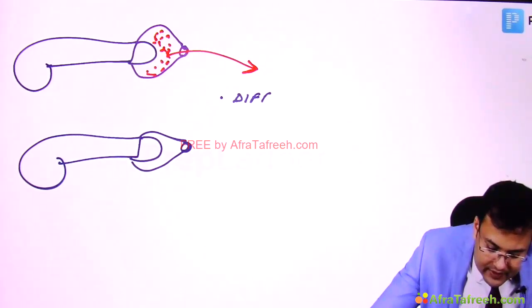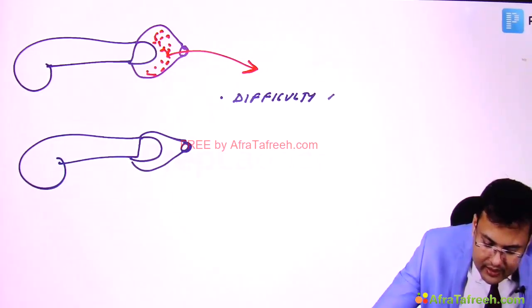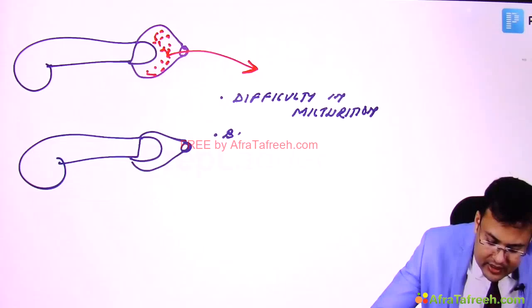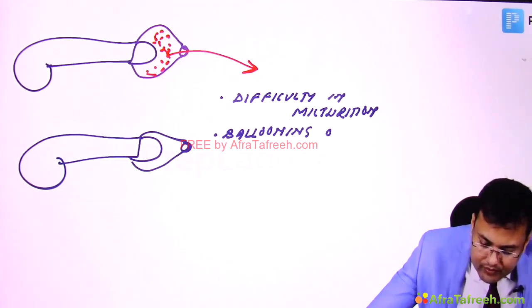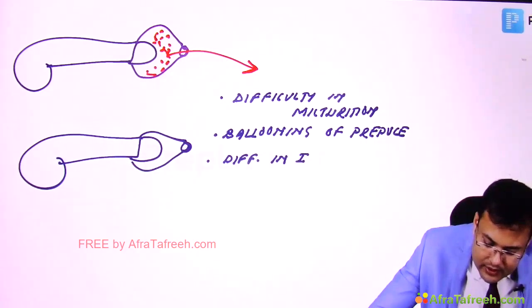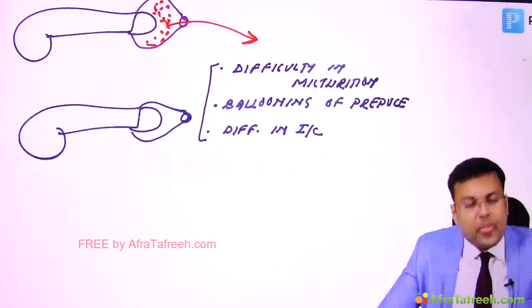There is difficulty in micturition or passing urine. In young children, there is ballooning of the prepuce. And in adults, there is difficulty in intercourse.